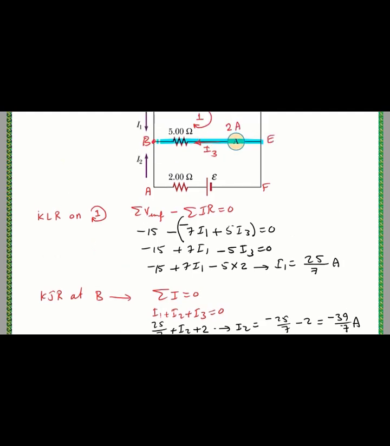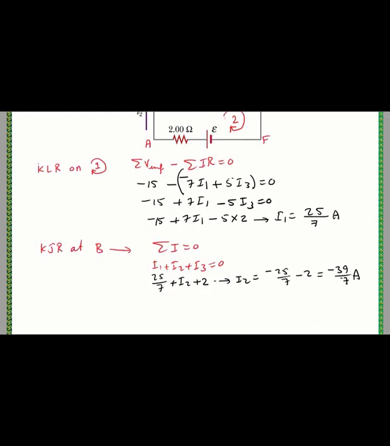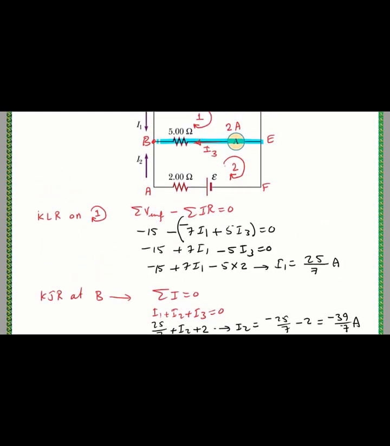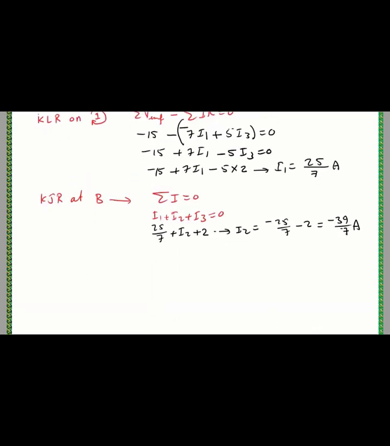Now to find epsilon, apply the Kirchhoff loop rule on the second loop. We have only one battery. If you go clockwise, only one battery. With me, it's epsilon. Kirchhoff loop rule on the second loop, sigma VEMF minus sigma IR equals 0. It is epsilon minus bracket.